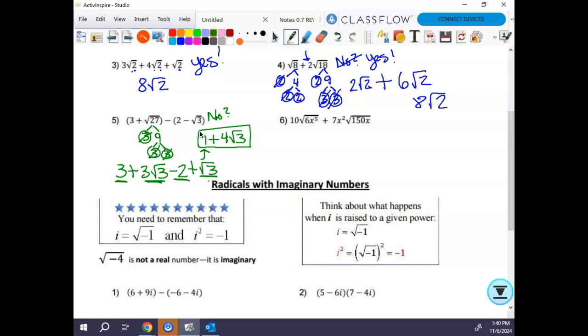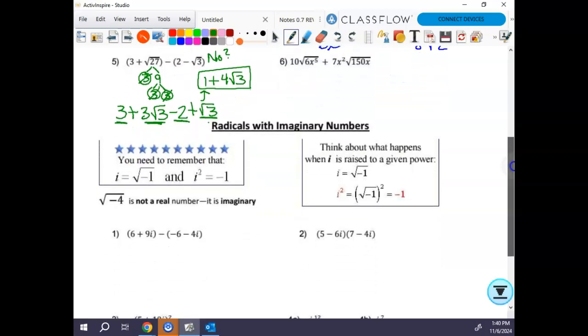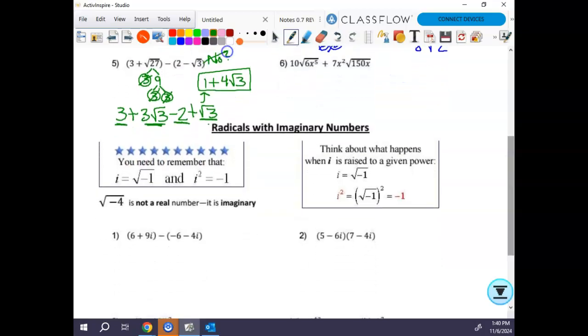One more, and then we'll get to imaginary numbers tomorrow. So again, as it stands here, exactly like it looks is no, but I think I can simplify some things, right? The square root of, so 6 is really just 2 and 3. Is there anything that can come out from the 6?